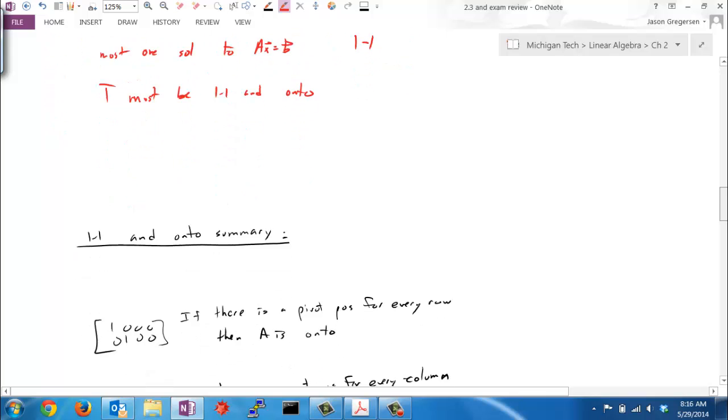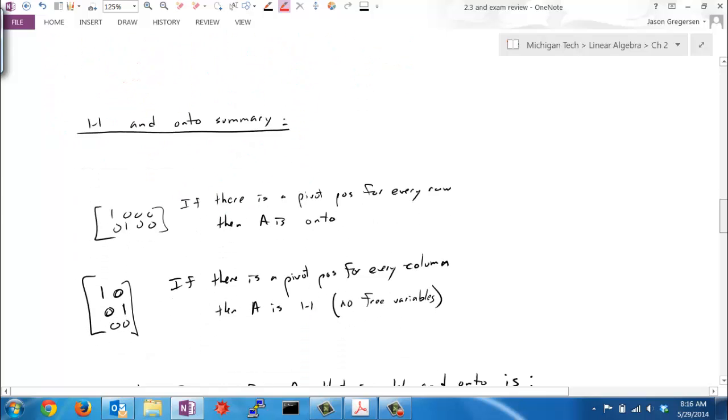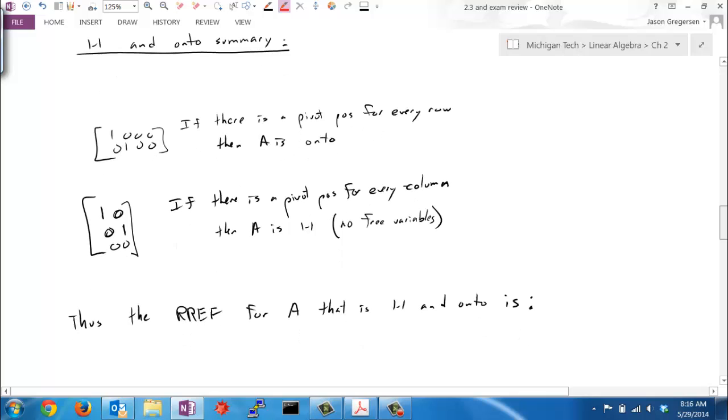Visually, we said that if there's a pivot position for every row, then A is onto. If there's a pivot position for every column, then A is one to one. Right, there's no free variables, so there's at most one solution.